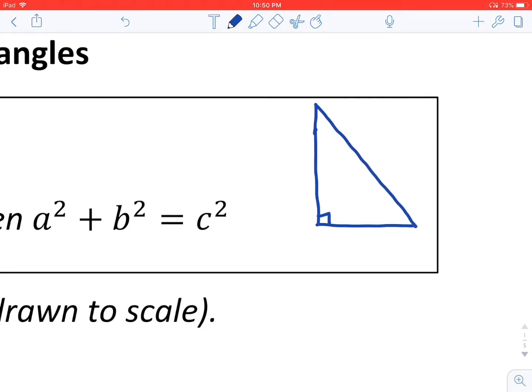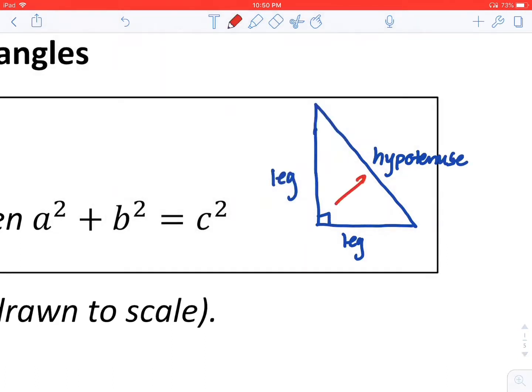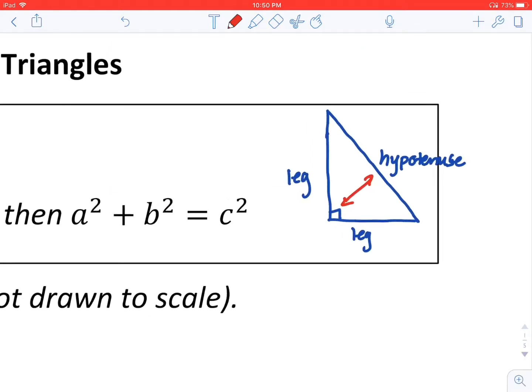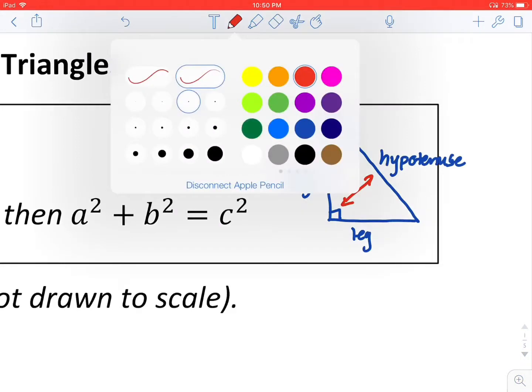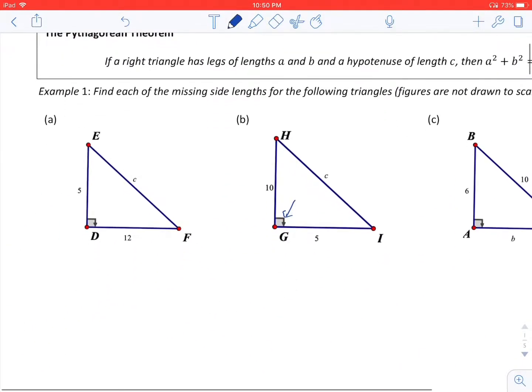The legs are the sides that are not the hypotenuse, and the hypotenuse is the side that is opposite the right angle. So every right triangle has 2 legs and 1 hypotenuse. Not every triangle has a hypotenuse, just right triangles.